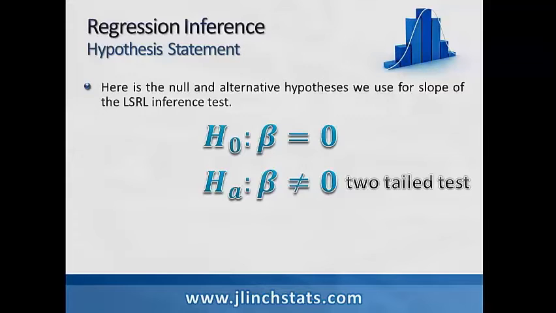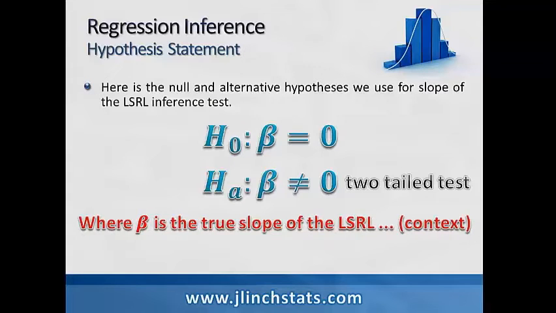So once again, we have one-tailed and two-tailed tests, and it's all going to be based upon the context of the problem. Now don't forget you need to define beta, the population parameter, in context of the problem. So we always want to say where beta is the true slope of the least squares regression line for, and then go ahead and finish that off based on the context of the problem itself. So once again, we've got H0 and HA, and then we want to define the parameter of interest in context of the problem.